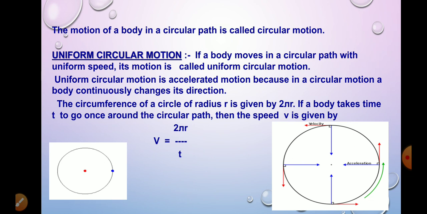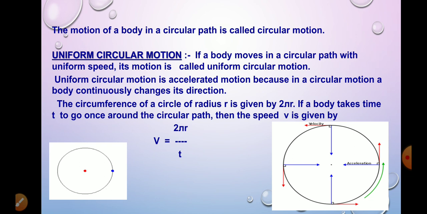So when you leave it, after some time, the stone travels in the direction tangential to the circular path. This is because once the stone is released, it continues to move along the direction it has been moving at that instant. So this shows that the direction of motion changes at every point in the circular path.